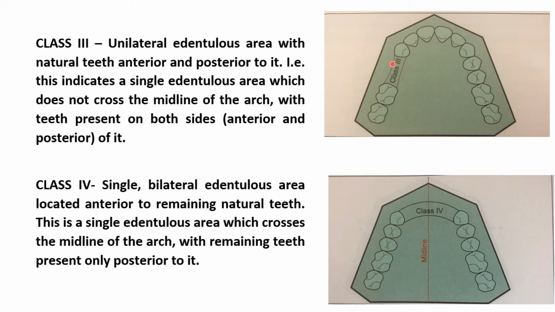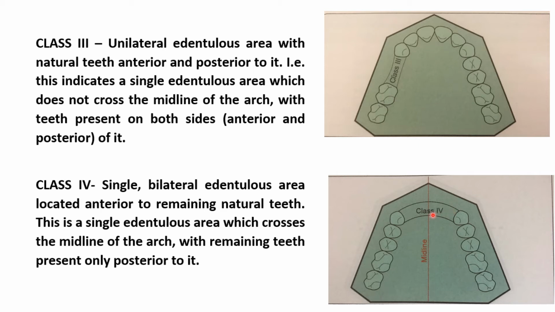And class 4 is a single bilateral edentulous area located anterior to the remaining natural teeth. Over here you can see this is class 4. In class 1 and class 2, the edentulous areas were present posterior to the remaining natural teeth, and in class 4 it is present anterior to the remaining natural teeth. These are your remaining natural teeth, and over here is your class 4, and it crosses the midline.